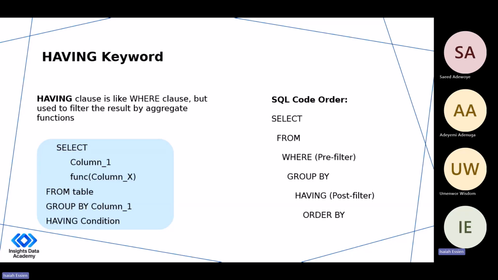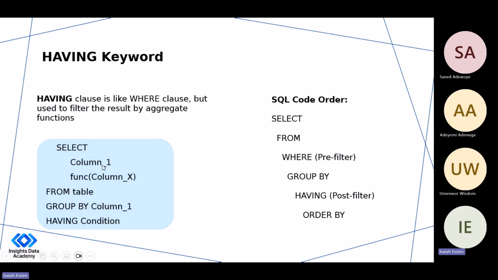If you look at the syntax now, you notice that we have my select statement. I'm selecting column 1. Then I'm applying an aggregate function on a particular column X from a particular table.